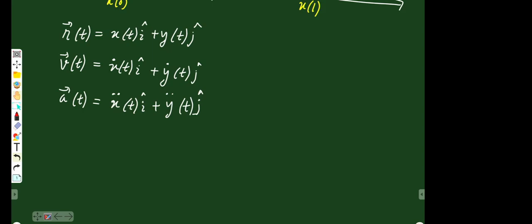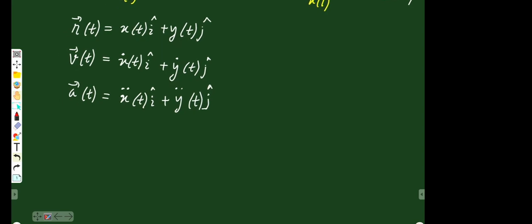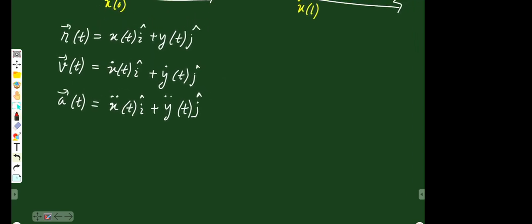Okay, so those are valid things that you have to understand really. So these are nothing but velocity in y direction as a function of time. This is nothing but acceleration in y direction as a function of time, right? So this is nothing but velocity in x direction as a function of time, right? So acceleration in x direction as a function of time.